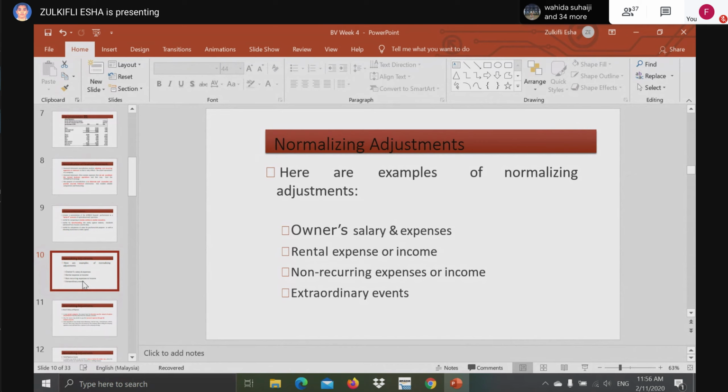We cannot tell you exactly what type of elements, expenses or income you need to adjust. It depends on the situation.